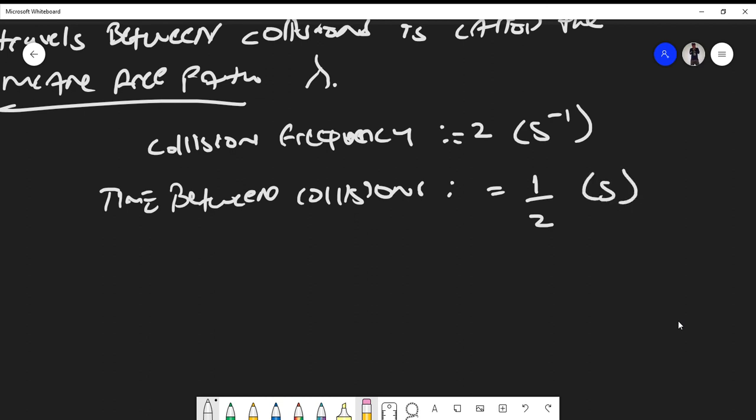So we just take the inverse. The above two equations represent a general relationship between frequency and time. In other words, if a baby's heart beats at about 120 beats per minute, or 2 beats per second, then the time between the beats must be half a second, just taking the inverse.